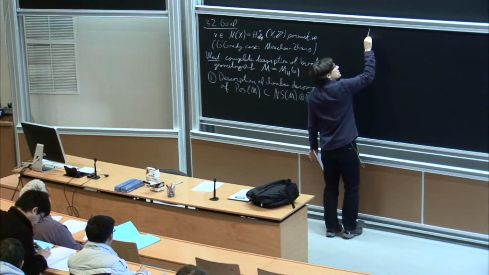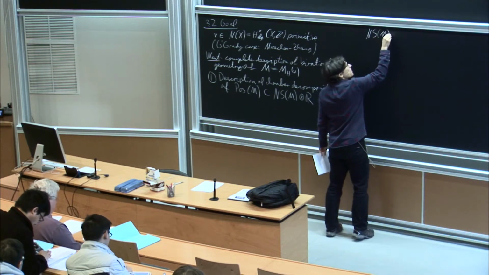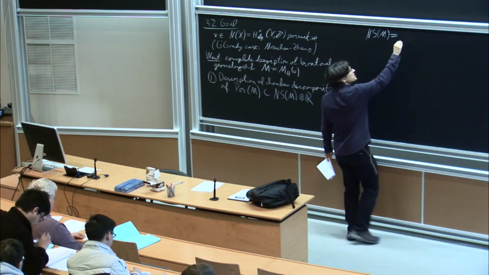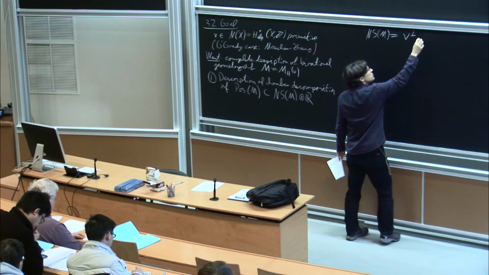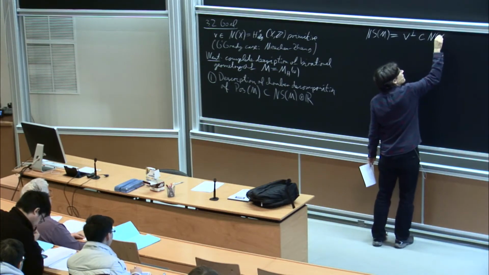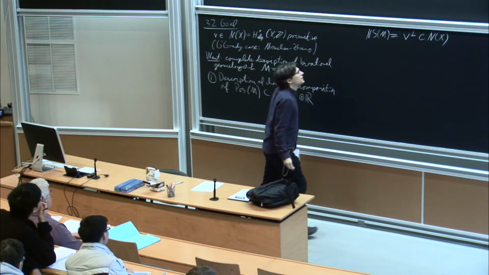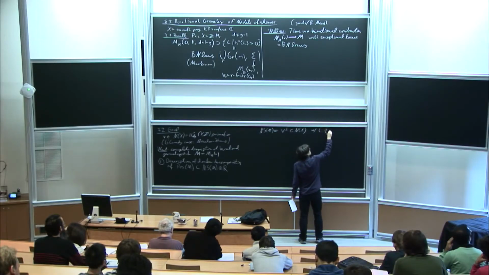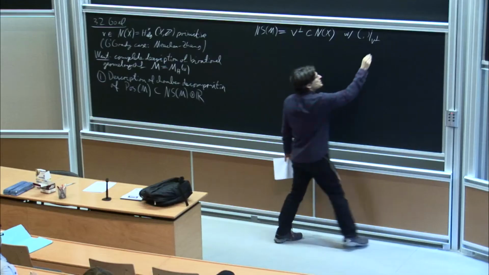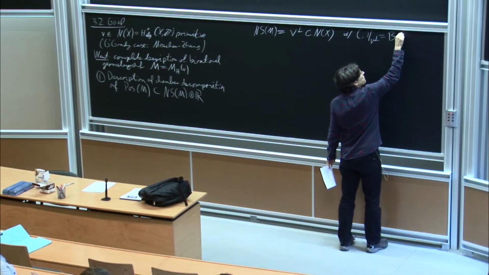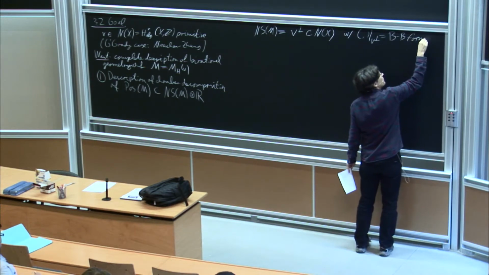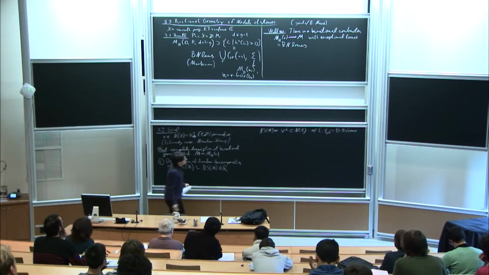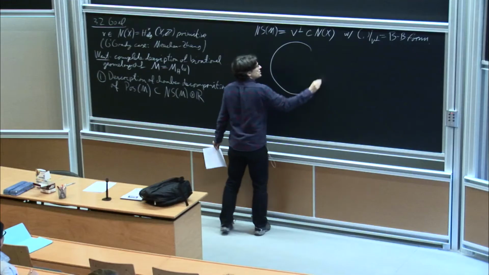So the positive cone lives inside the Néron-Severi group. Let me remind you that this already appeared in François' talk: the Néron-Severi group is isomorphic to v perp inside N(X), with the restriction of the Mukai form on v perp becoming the Beauville-Bogomolov form under this identification. The positive cone has this chamber decomposition.